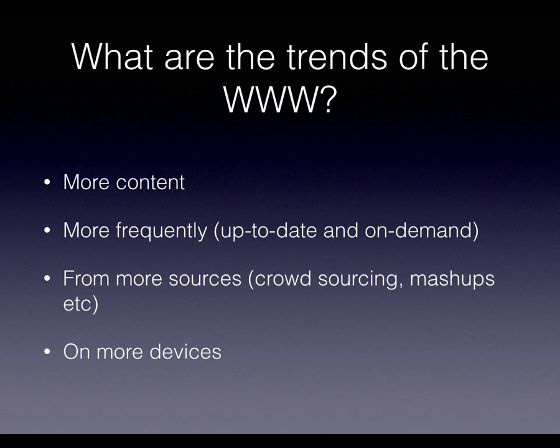Some of those trends included lots more content, more frequently up-to-date and more frequently on demand, from more different sources, including not only sources traditionally driven one way, but also user-created content coming back the other way, and on more devices.